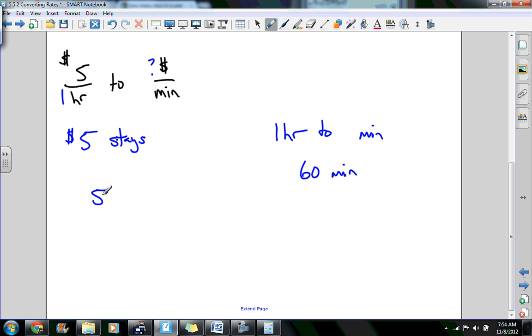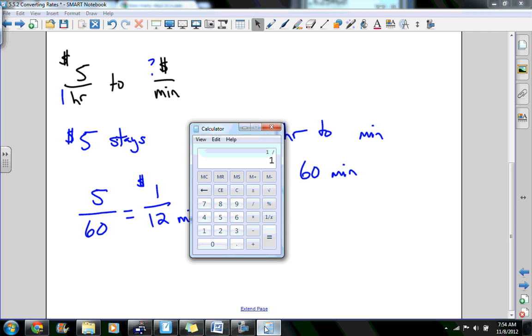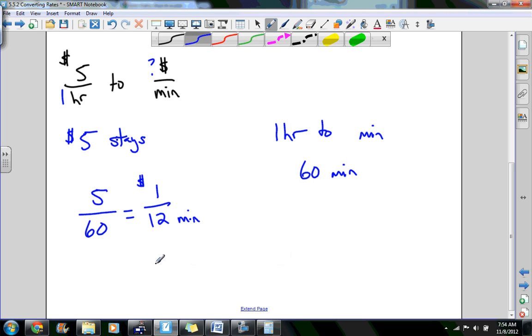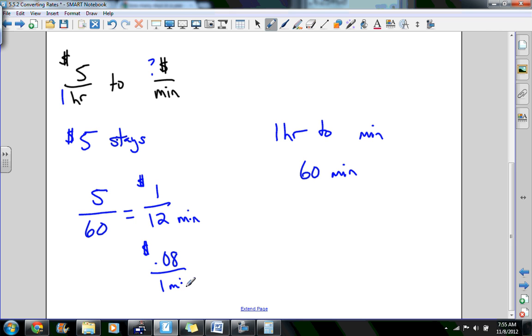So now we have 5 over 60, and we simplify down because we can divide by 5 and 5. 1 divided by 12, and we just label $1 in every 12 minutes. If you wanted to simplify that even farther, you would need a calculator. Gives us 0.83, or about 8 cents per 1 minute. Okay, either way is fine. I'd probably prefer the top, but if you want to use the bottom, it's fine. The idea is just convert both individually.